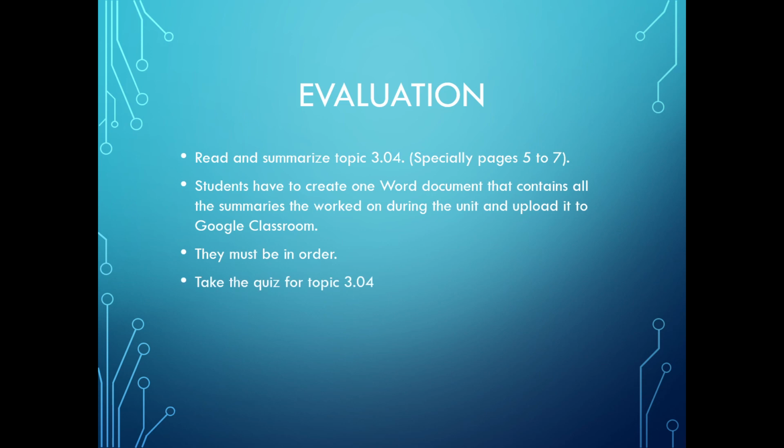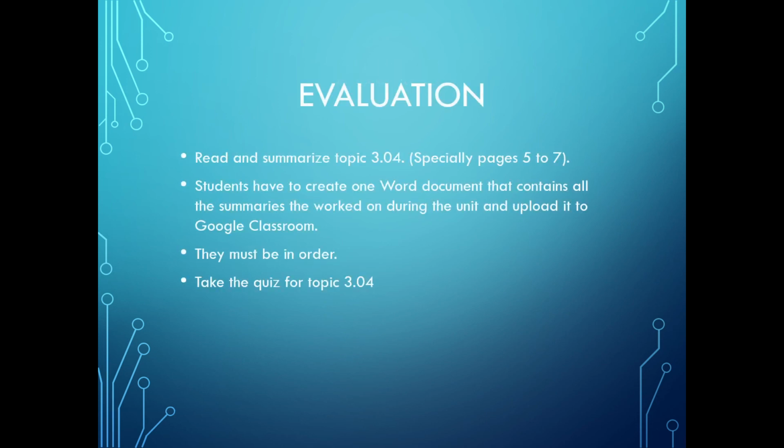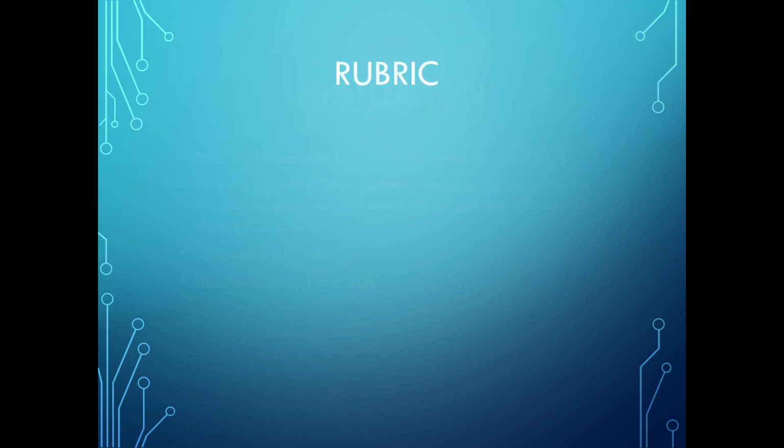After you finish that and have uploaded it to Google Classroom, you also have to take the quiz for topic 3.04. If you are doubting a little bit about the order in which you have to present them, you can always go back to the posts in the Google Classroom and notice which one was the first post, second post, third post, until you reach the last one, and you can have the correct compilation of all of them.